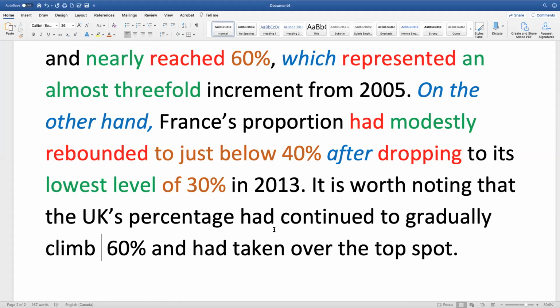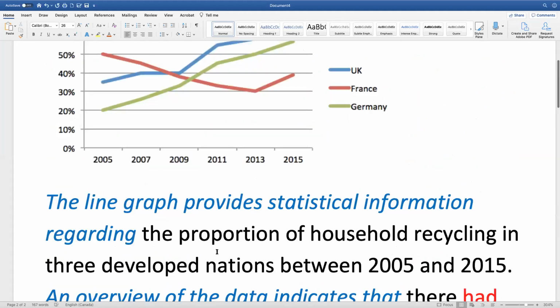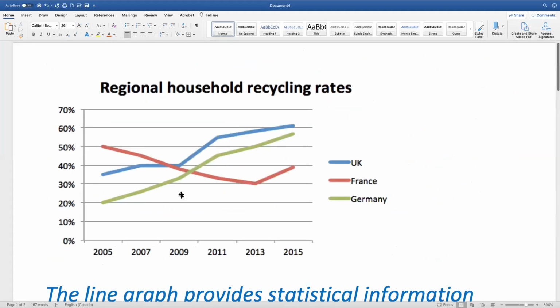No, had continued to gradually climb. I'm going to say here, 2009, it took over the top spot.